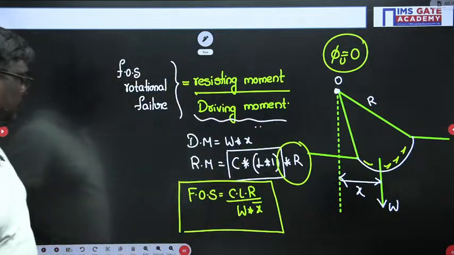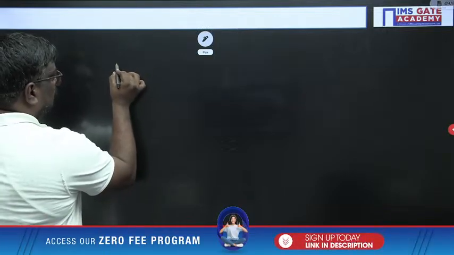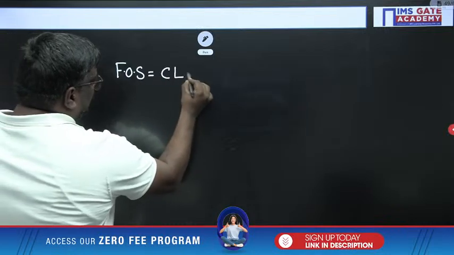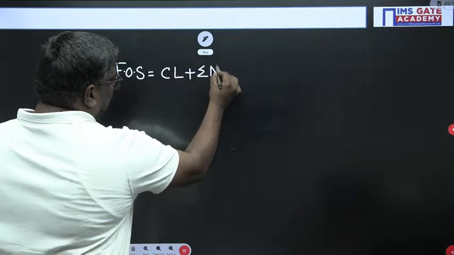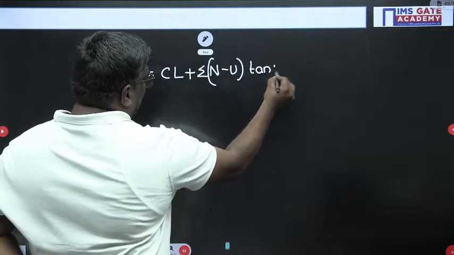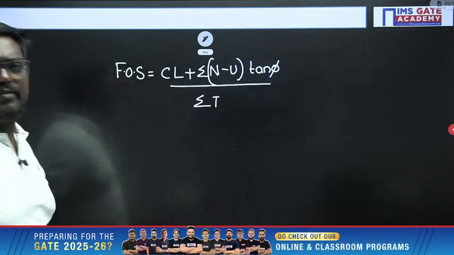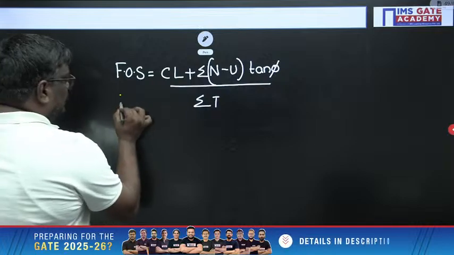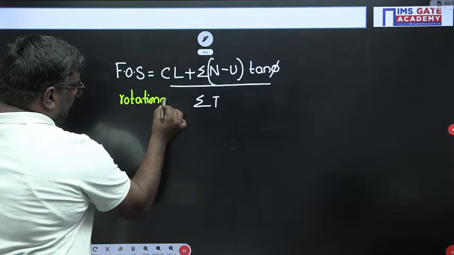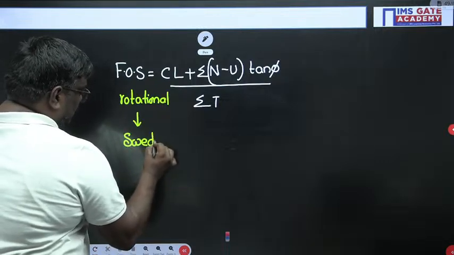Now they can ask you about the Swedish circle method. The factor of safety for the Swedish circle method is C L plus sigma (n minus u) into tan phi, upon sigma t. This is the formula for factor of safety for rotational failure in the Swedish circle method.